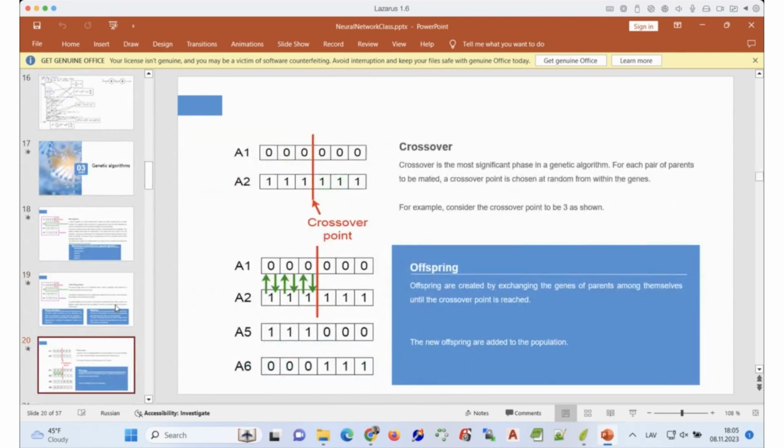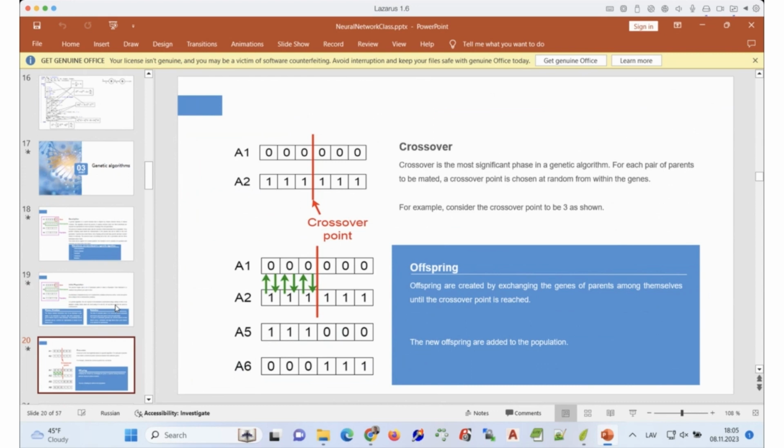Surely, if two entities produce the next generation entities, then their parameters are mixed between the so-called parent one and parent two entities. Well, the same happens in life. Each of us looks similar to our parents.